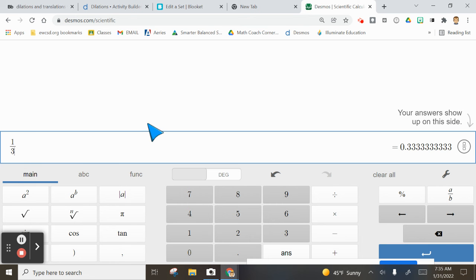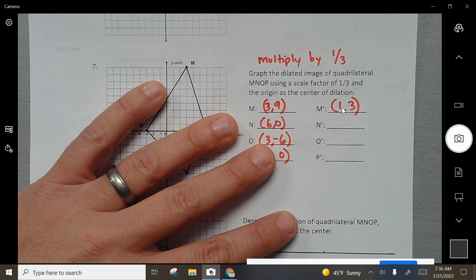If I just hit the arrow to the side, it also moves that there. Times, we're going to do 3, right? 1/3 times 3, which equals 1. So write that down on your paper. And then I'm just going to go backspace and go 1/3 times 9. And that equals 3. Okay? So then my coordinate here is 1, 3.